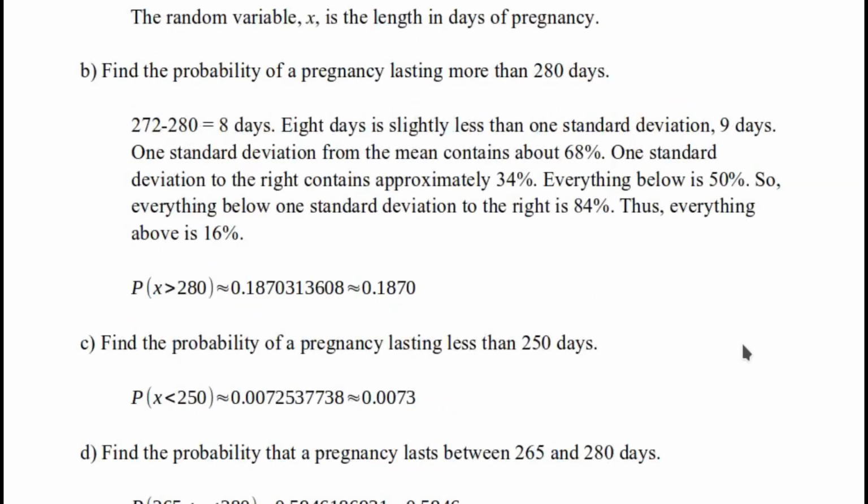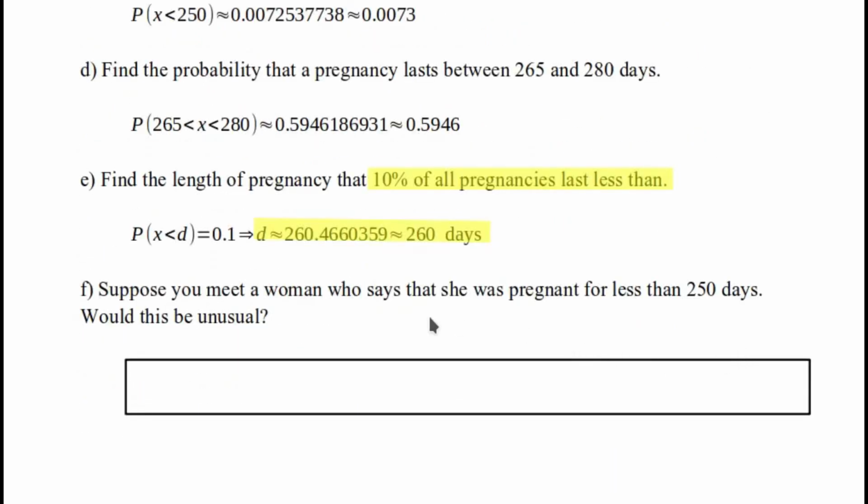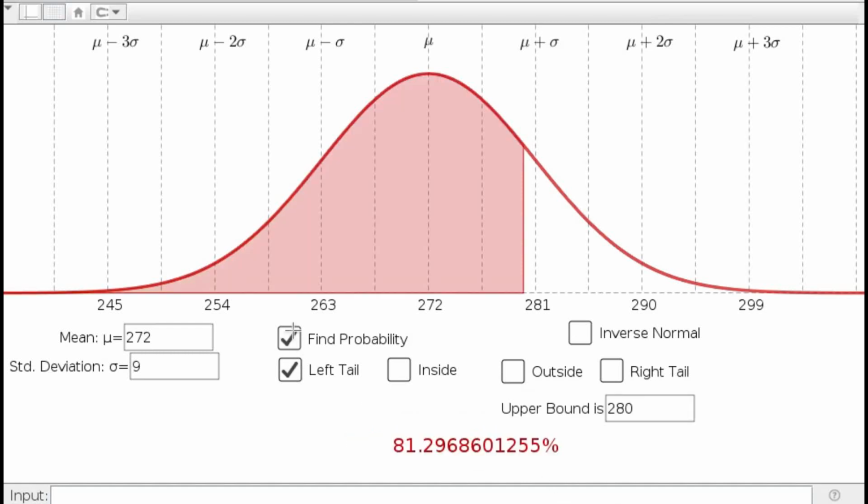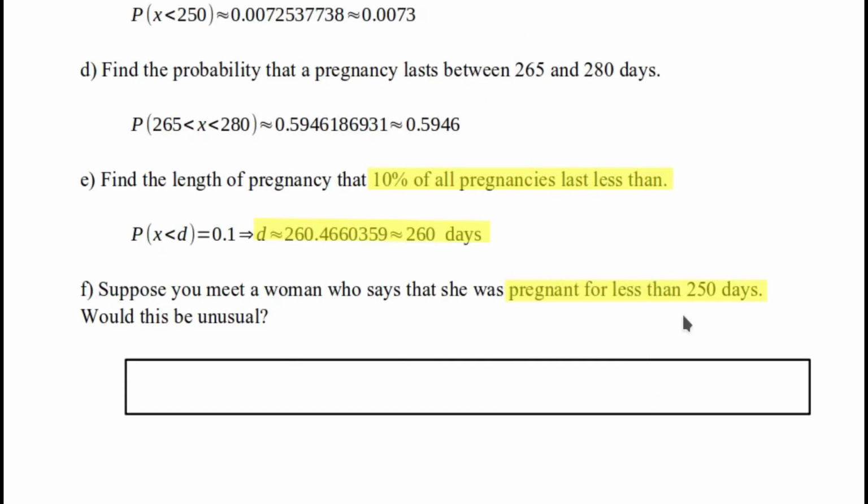So now let's ask a question about whether it would be unusual for a pregnancy to last less than 250 days. Now, remember, we just computed what the probability of being less than 260 days is, and that was about 10%. So we're talking about a number less than 10%, but let's be thorough and let's calculate it. So let's go back in, and we're interested in finding the probability of being less than, was it 250?